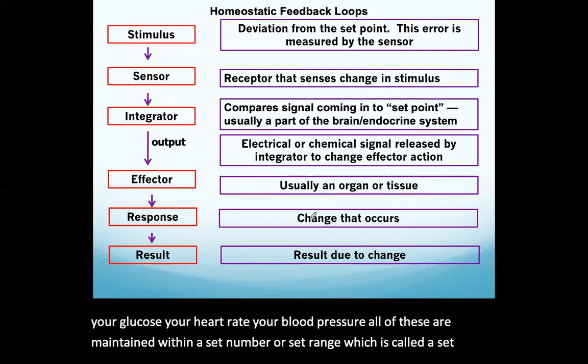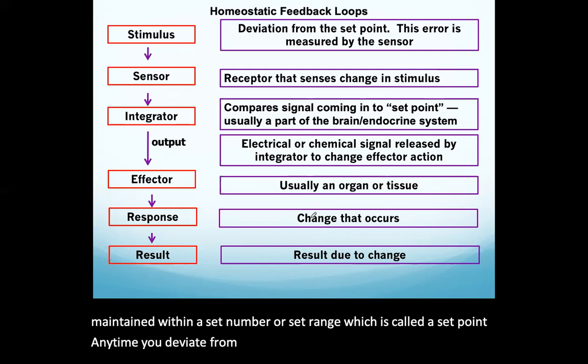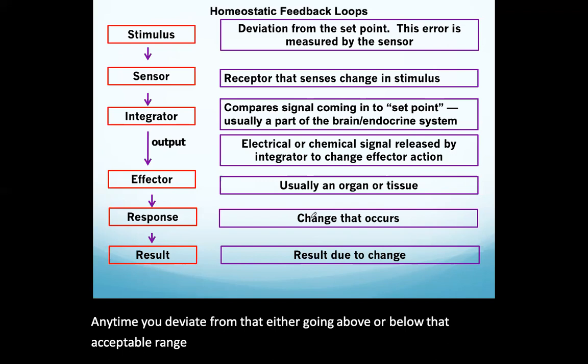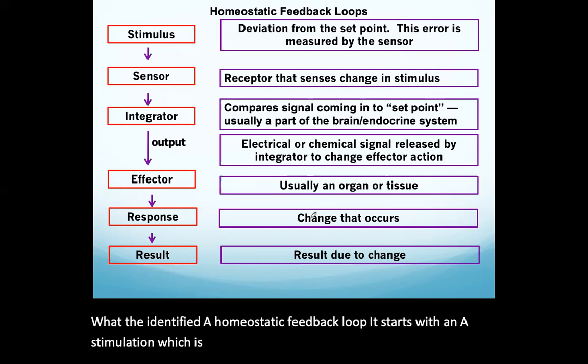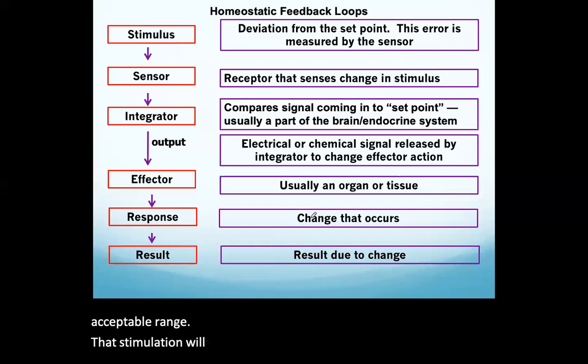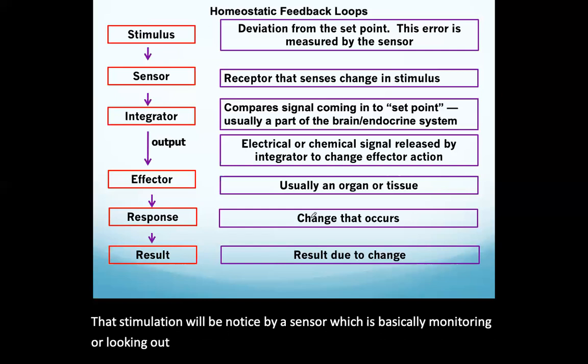Anytime you deviate from that, either going above or below that acceptable range, you activate what we identified as a homeostatic feedback loop. It starts with a stimulus, which is an increase or decrease away from that acceptable range. That stimulus will be noticed by a sensor, which is basically monitoring or looking out for changes.